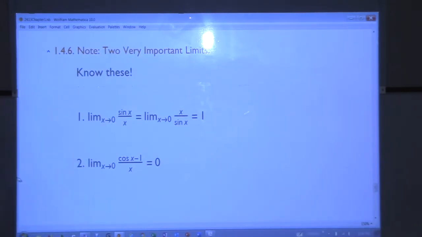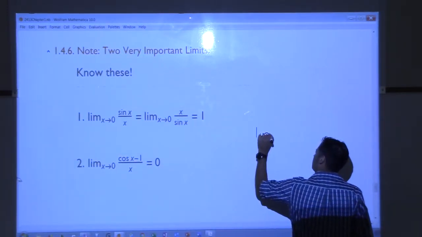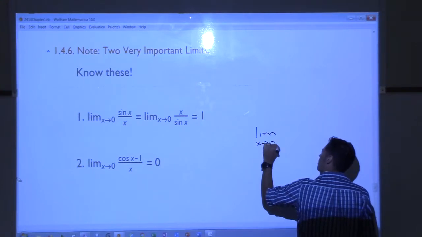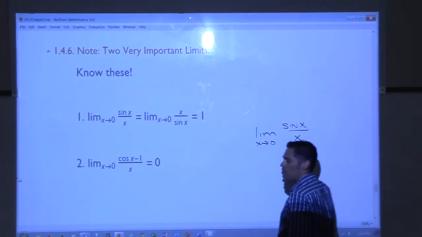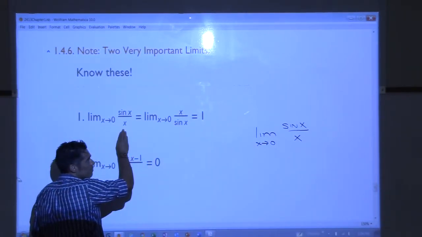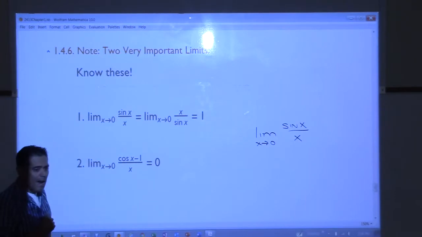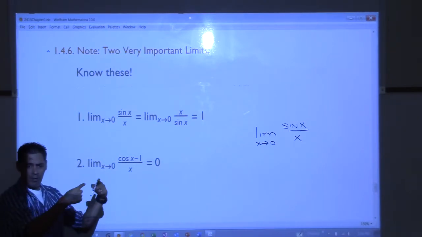So let's discuss this first limit. The limit as x approaches 0 of sine x over x. So I'm telling you right now that the answer to this is 1, okay? So if we were to graph this function, it should be approaching 1 as we approach 0 from the left and the right.